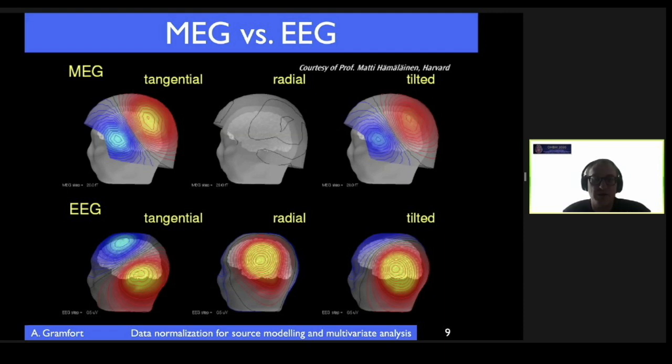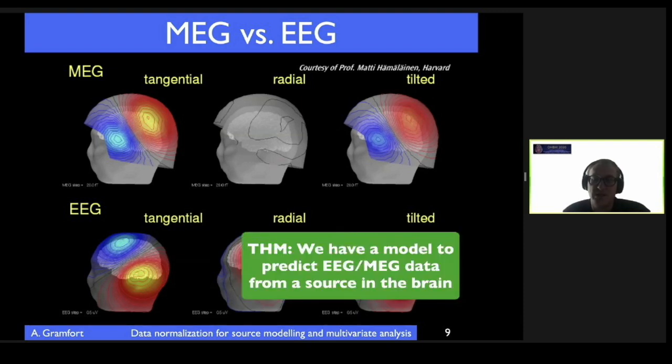It's not really the topic of this course today. What I would like to explain is that the physics, which is due to Maxwell equations, allows you to predict what you will measure on MEG and EEG given a specific source inside the brain. This is the take-home message: we do know a model that can predict MEG and EEG data given a dipole inside the brain.